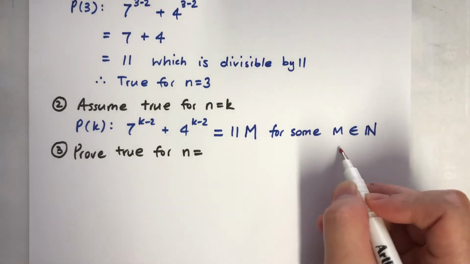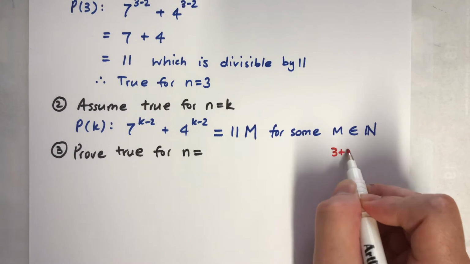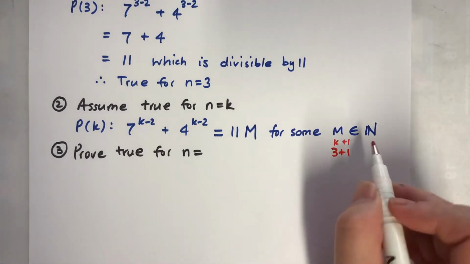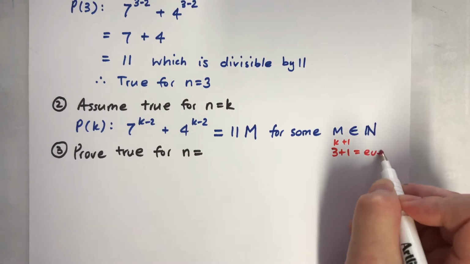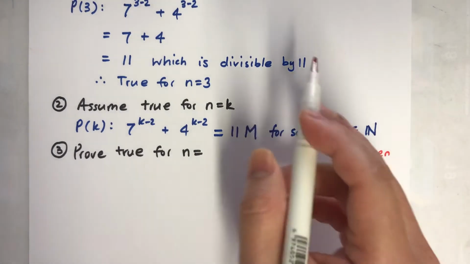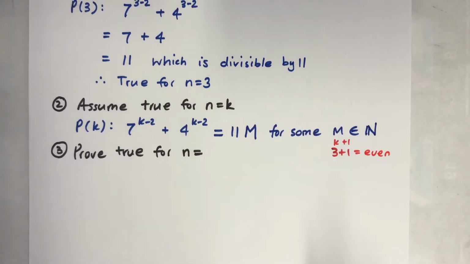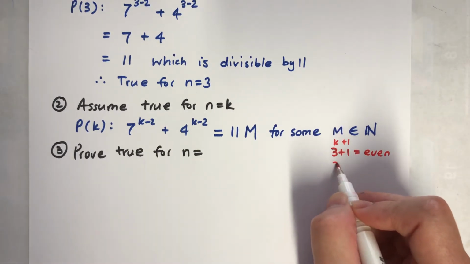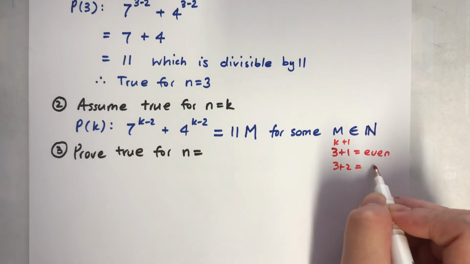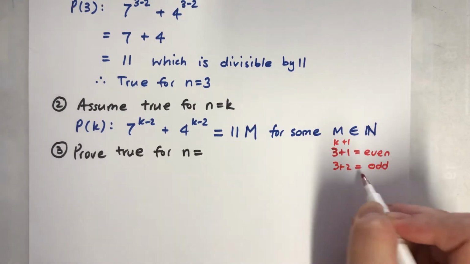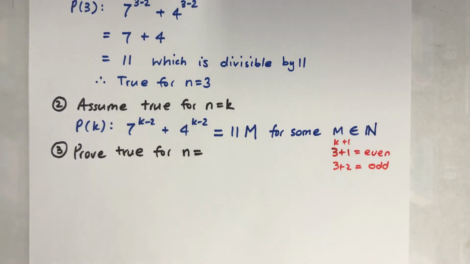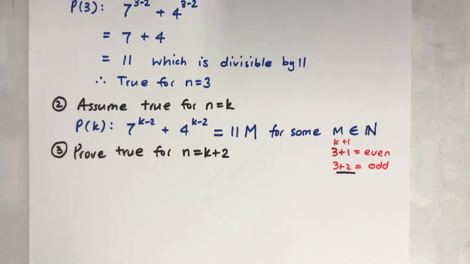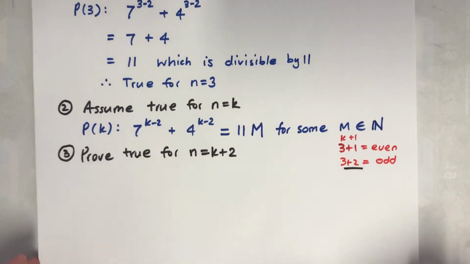So in here, quickly, if we did the normal k plus 1, 3 plus 1 is an even number, isn't it? So we can't use it because all n has to be odd. If I do 3 plus 2, it is odd because it's a 5. So I'm going to go with k plus 2. Okay, so make sure everything is odd.